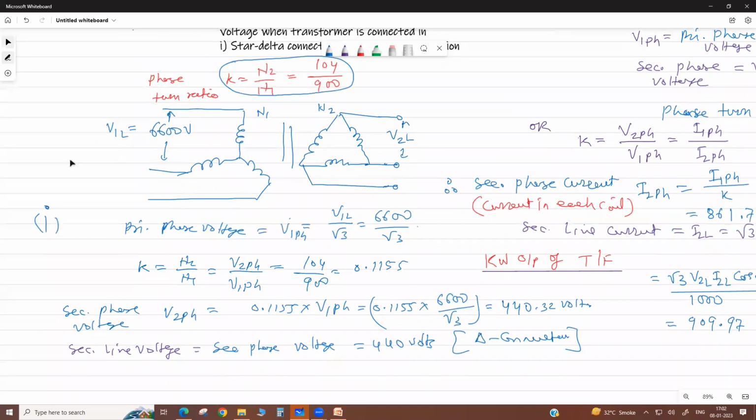When we convert from line to phase, you observe the connection, whether it is delta or star. So mostly in transformers we solved all the questions, and we discussed a lot of theory also.